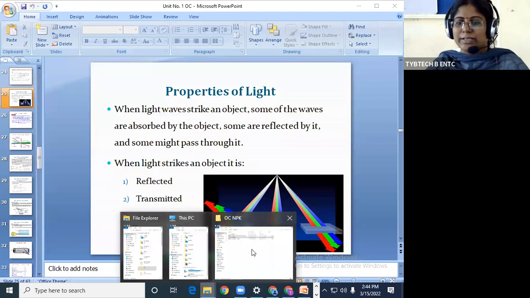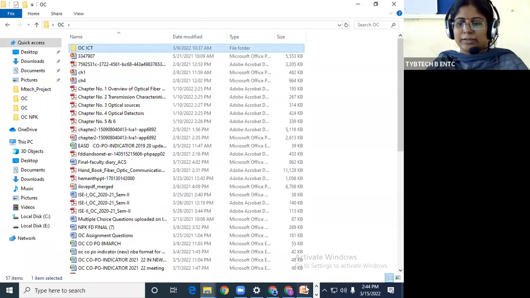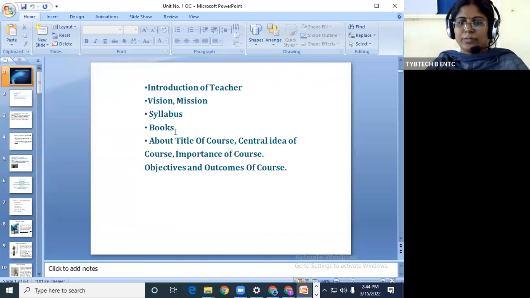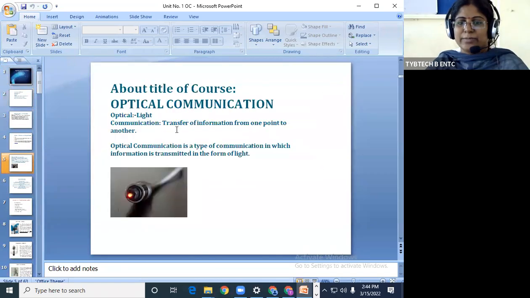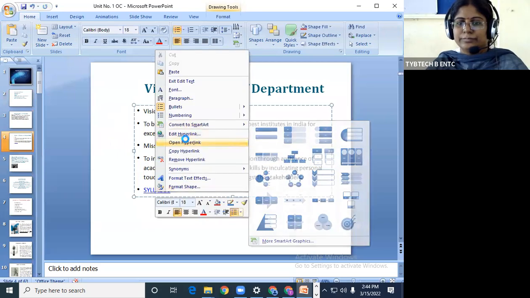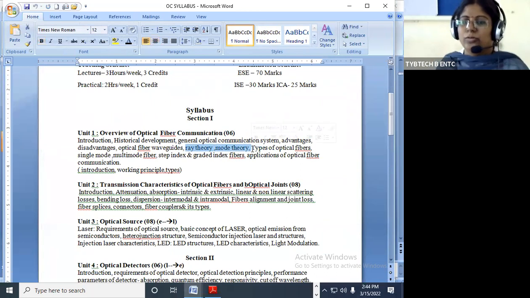I will just show you the syllabus. Already we have seen it, it is here. If you look at the OC syllabus, there are two theories here, ray theory and mode theory. To understand how the optical fiber passes the light, there are two approaches, ray theory of light and mode theory of light.